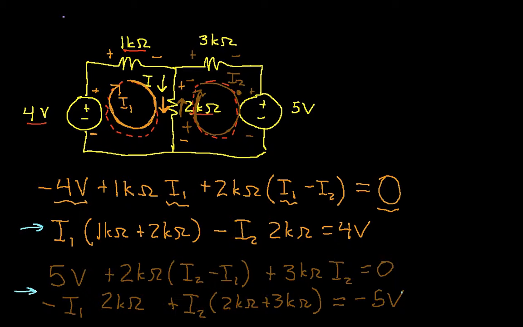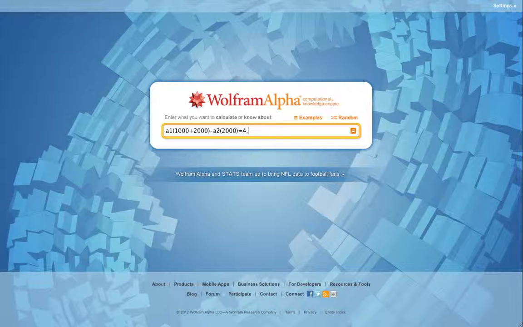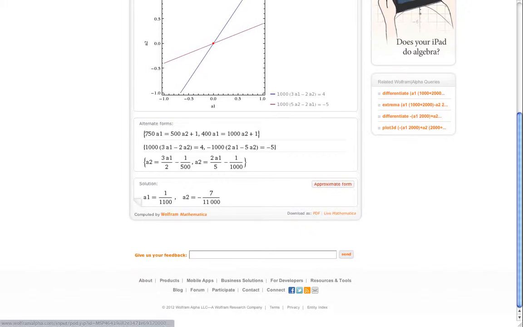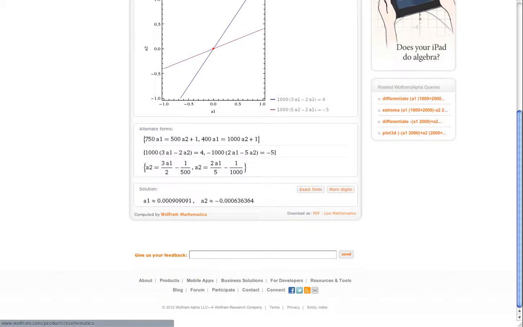Now we'll do the second equation. So we have minus A1 times 2 k ohms plus A2 times 2 k ohms plus 3 k ohms, and this is equal to minus 5. So if I put these in correctly, we hit return, and Alpha gives us, wow, even a plot of the solution set, gives us a solution in approximate form.